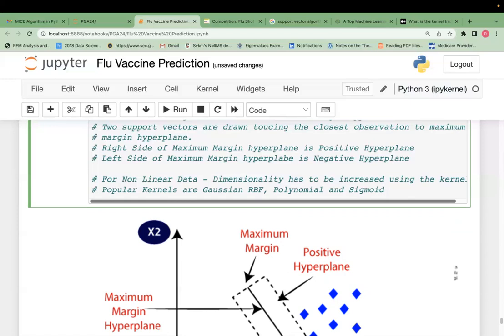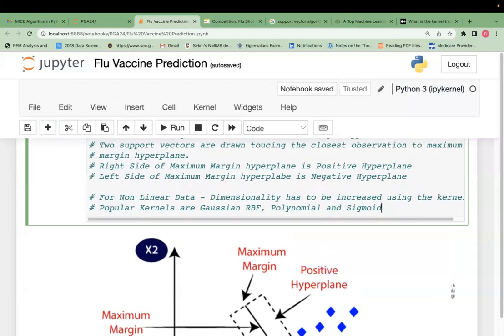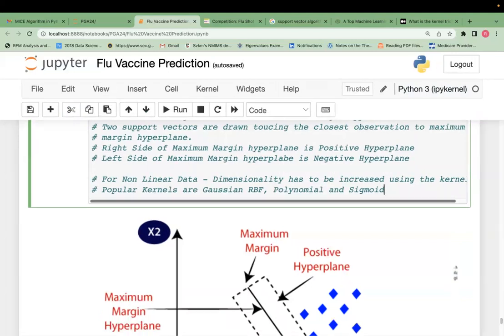Similarly, supply is also a non-linear supply curve. So linearity is hypothetical. Most of the time, real-time data will be non-linear in nature, and we need to implement a kernel to convert the data to a higher dimensional space such that we can draw a maximum margin hyperplane between the classes.